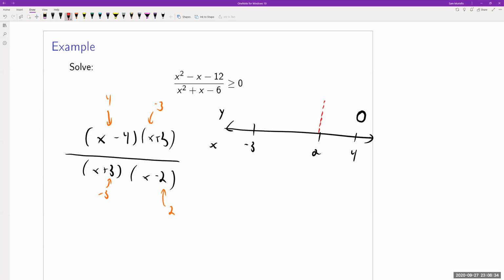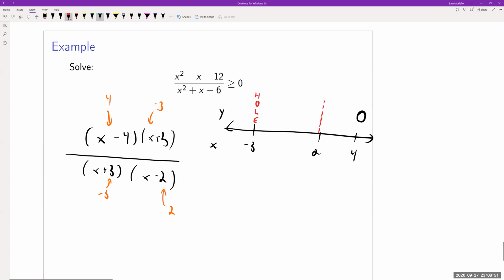And at negative 3, we will have a hole, which means that I wouldn't expect anything different to happen on either side, but the graph is still undefined at this point.